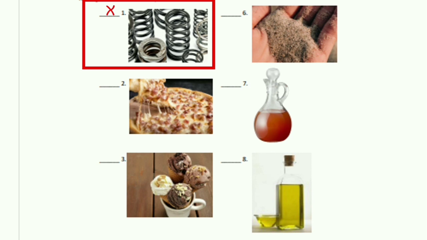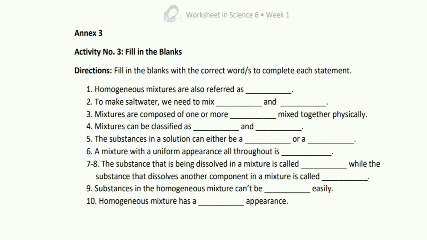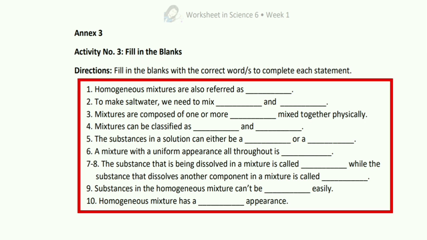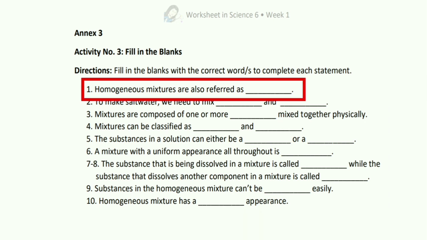For activity numbers 3 and 4, we can find both of them on page 11. In activity number 3, fill in the blanks. We will fill in the blanks with the correct word or words to complete each statement. For example, the first statement is, homogeneous mixtures are also referred as blank.